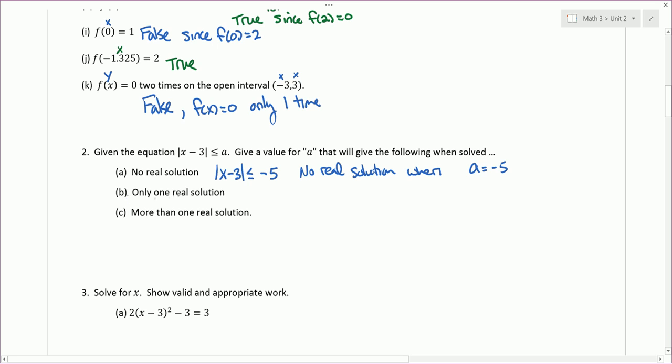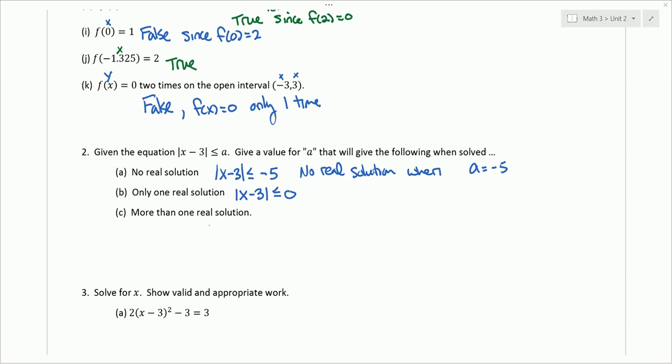Part B, we only want one real solution. When you're working with an absolute value, typically you always get two real solutions. The only time you get one real solution is when you have an absolute value that's equal to 0. So if we have something like the absolute value of x minus 3 is less than or equal to 0, well, it can't be less than 0.